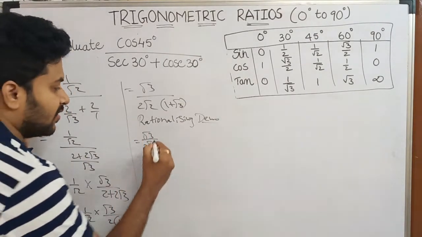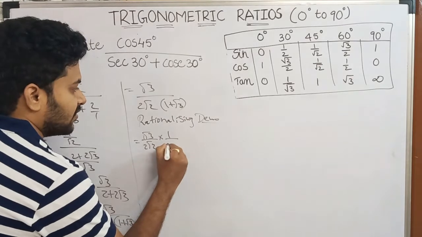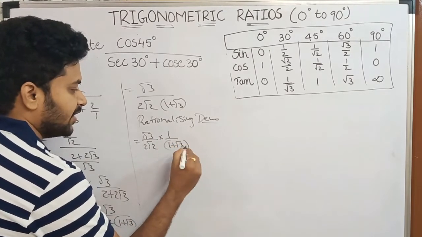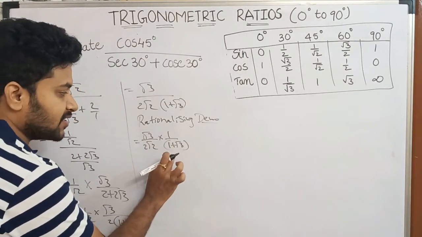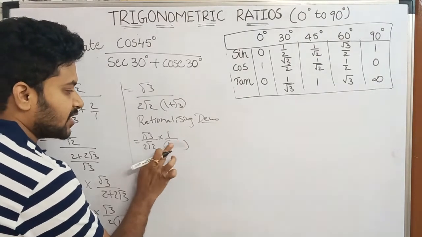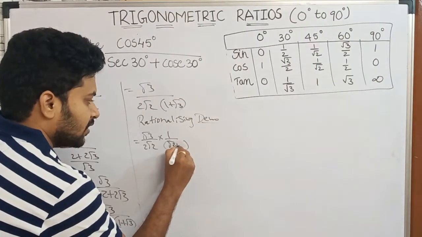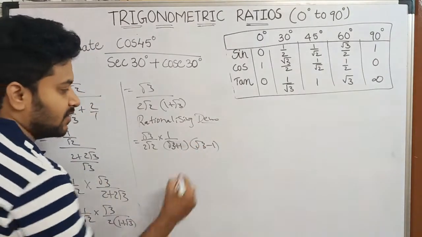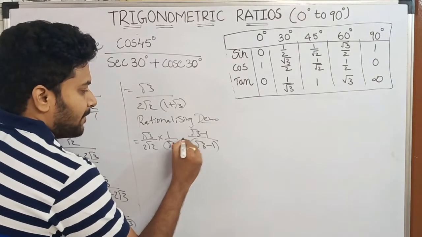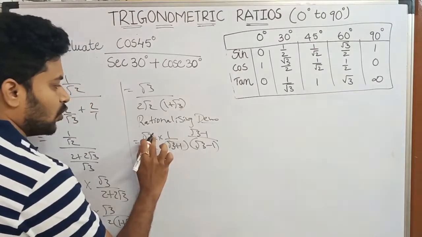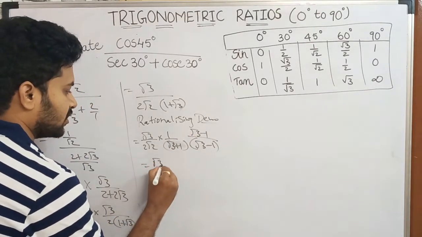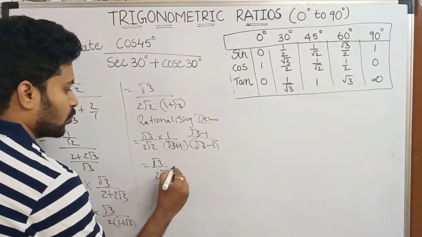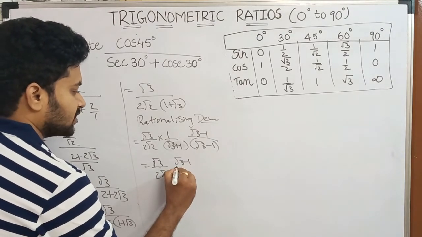For clarity, I am writing it as 1 by 1 plus root 3. Rationalizing the denominator means 1 plus root 3. For your convenience, I am writing root 3 first. Root 3 plus 1. So rationalizing the denominator means exactly the opposite sign, root 3 minus 1.